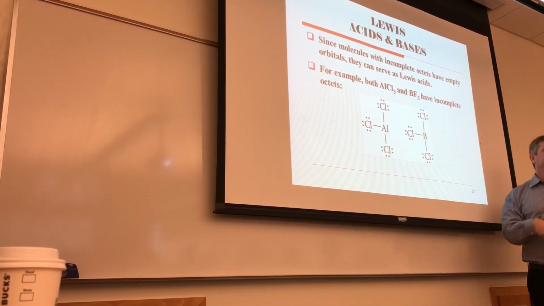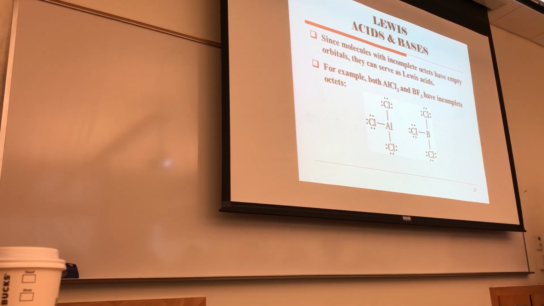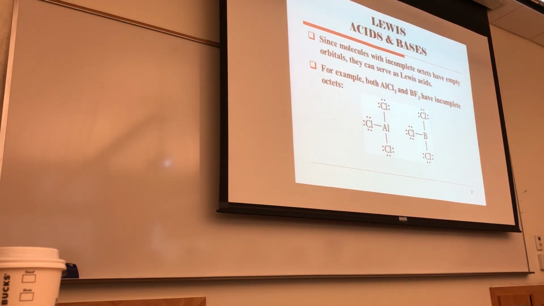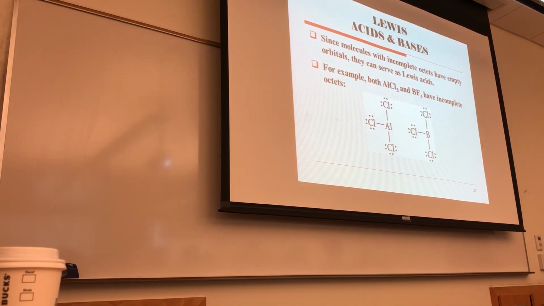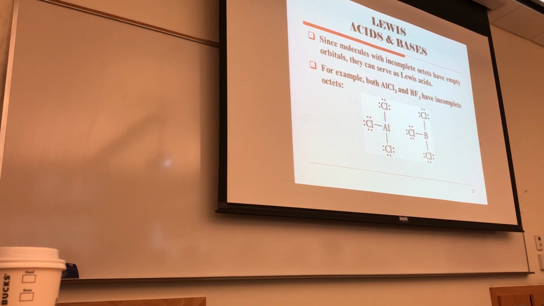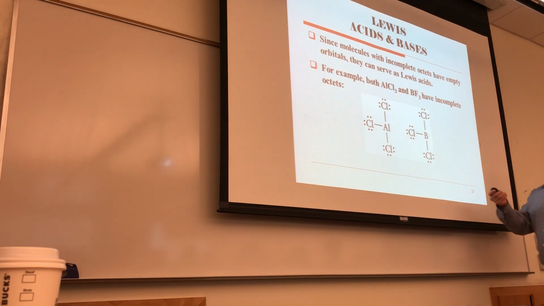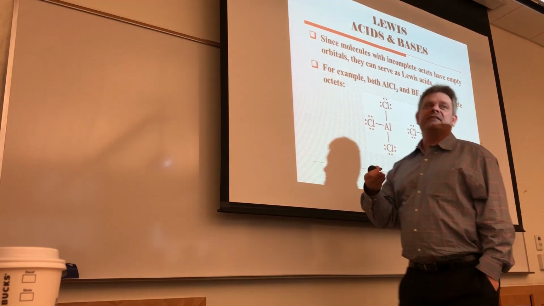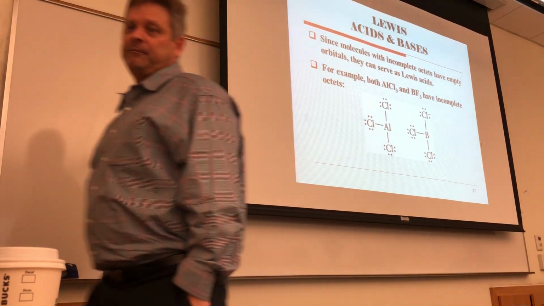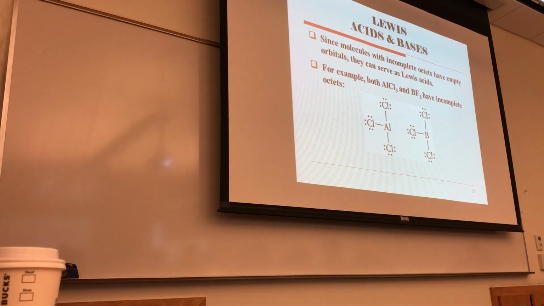So these would make ideal Lewis acids because they can accept an electron pair, or a lone pair, from anything that has it available. Because these are incomplete, they like to act as acids in the context of a Lewis acid.